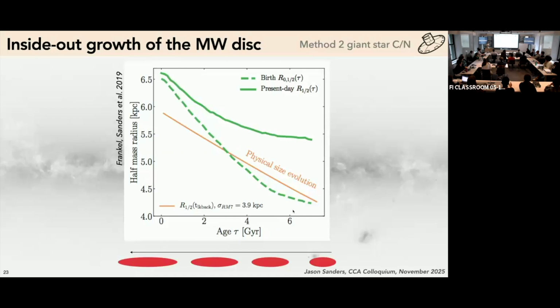So this is clear evidence of inside-out growth of the Milky Way disk, that the older populations formed more centrally, and then the later populations formed outside those. If you focus now on just the solid green line, you can see at the present day you have this very, very clear gradient in the half mass radius.